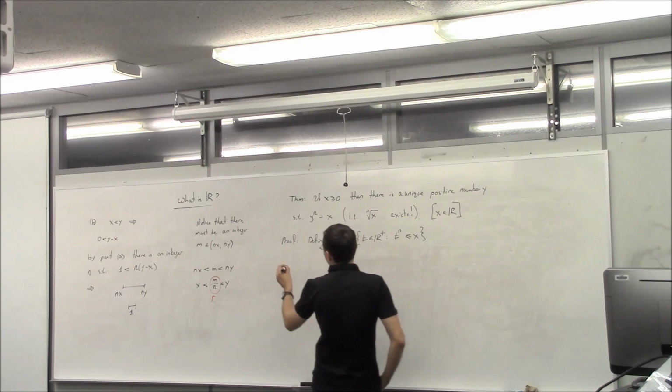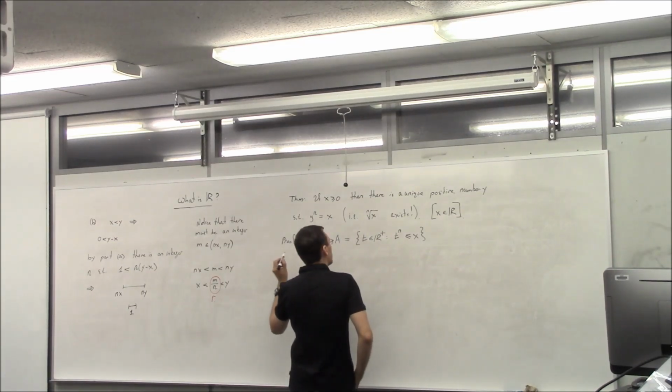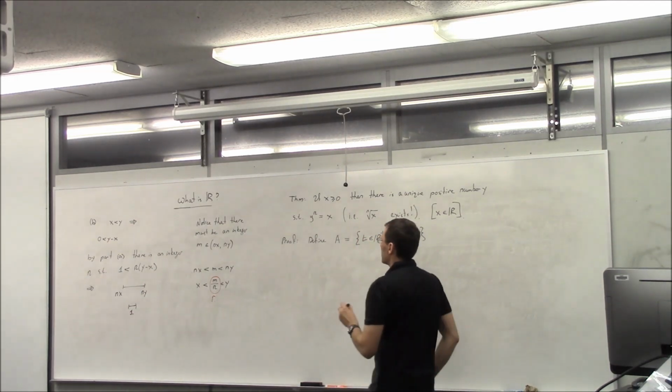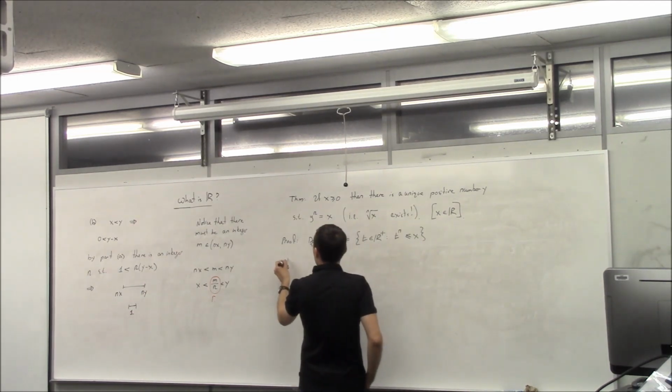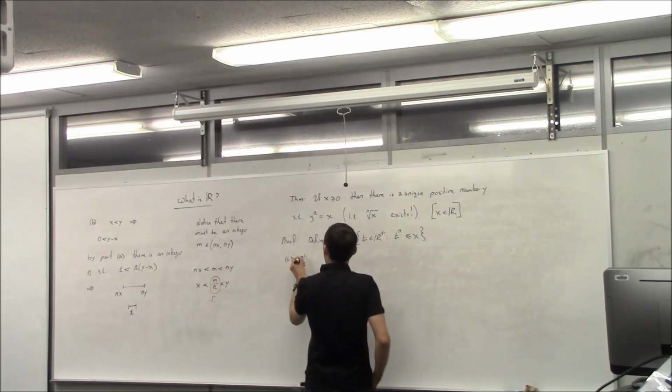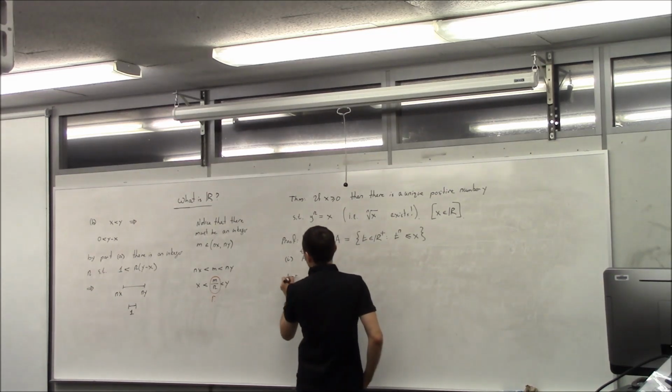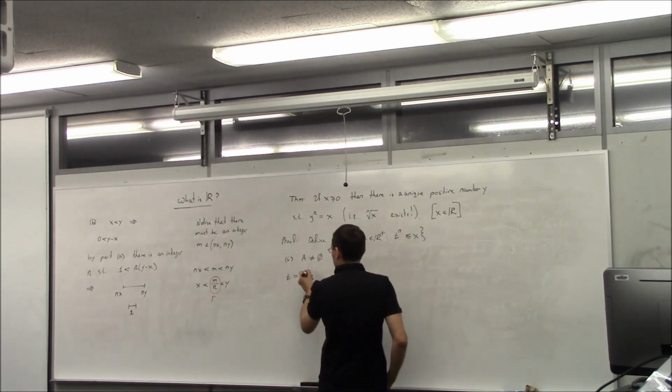So we have the set. And then we need to show that this set is bounded above, and we need to show that it's not empty. So first, A is not an empty set. How do I know? I can take t equal to, for example, x divided by 1 plus x.